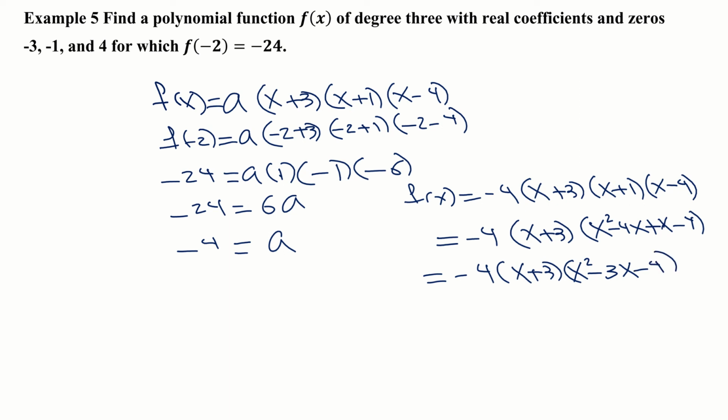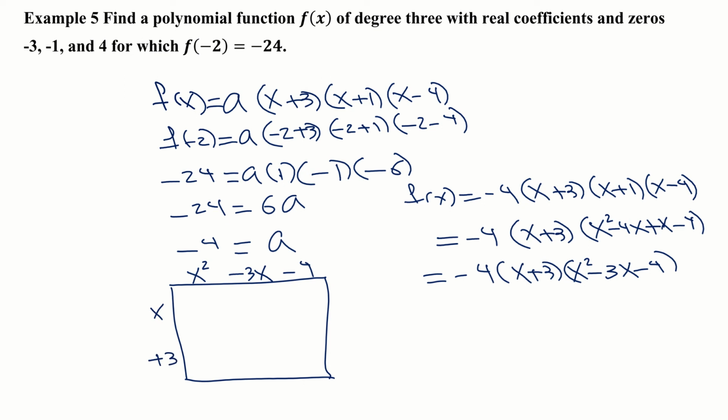So now we need to multiply those two polynomials. I like to do those in a table. So I put x squared minus 3x minus 4 here, and put x plus 3 here. Now we get this. So x times x squared, that's just x cubed. X times -3x will give us -3x squared.